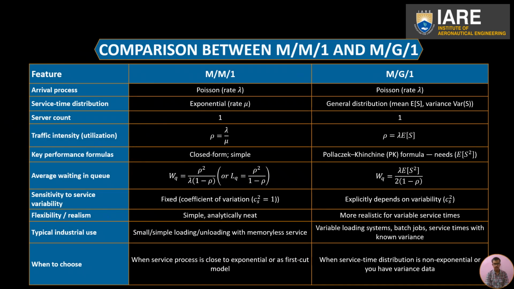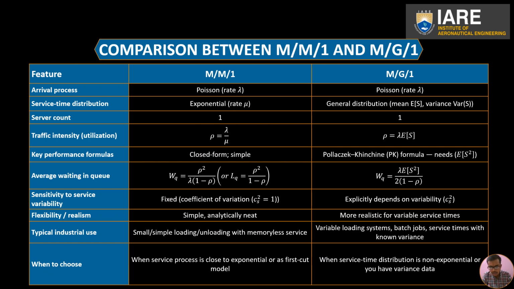Now let's compare MM1 and MG1 queues. The arrival processes of both are the same, that is Poisson with rate lambda. The service time for MM1 is exponential, that is rate is mu. But for MG1 it is a general distribution.